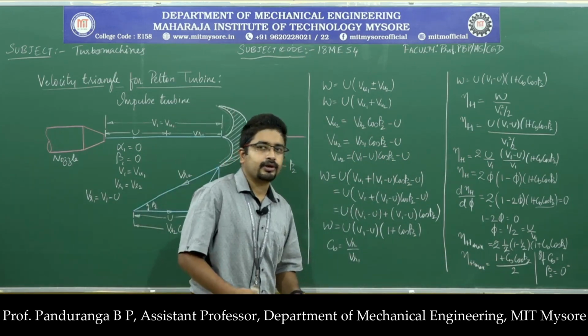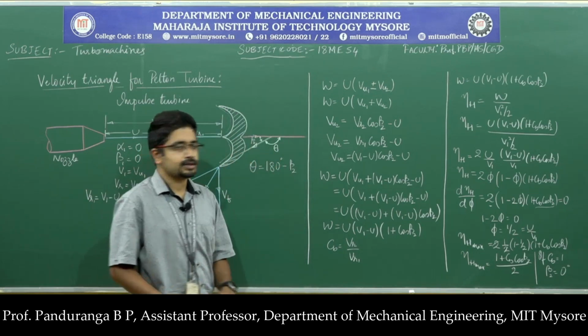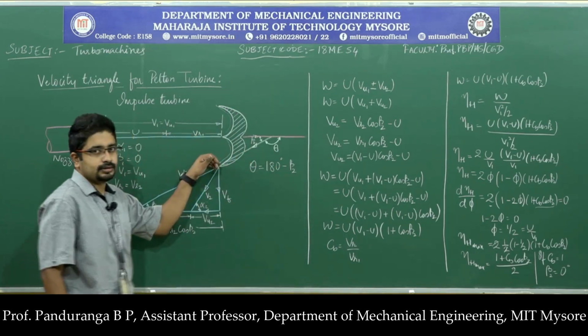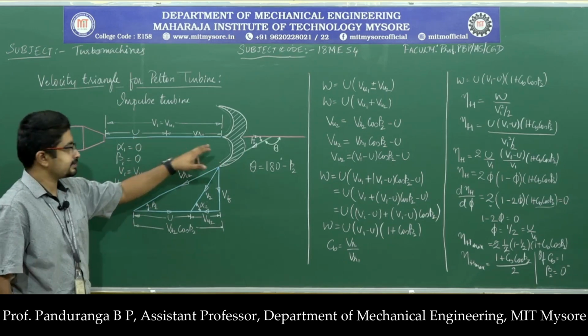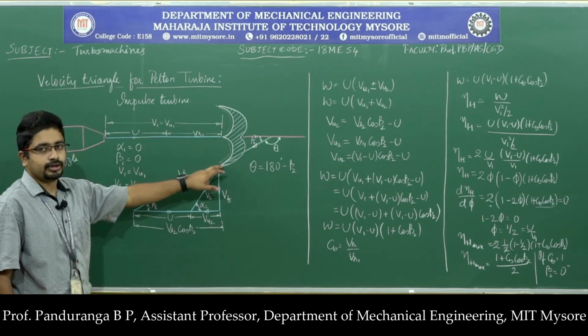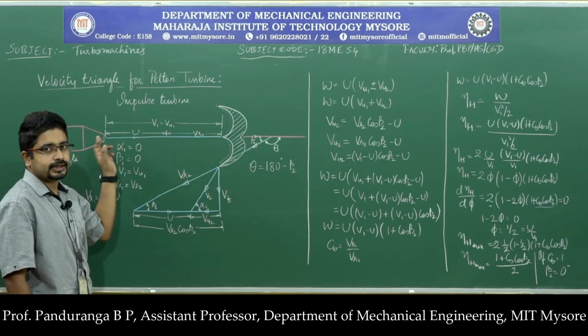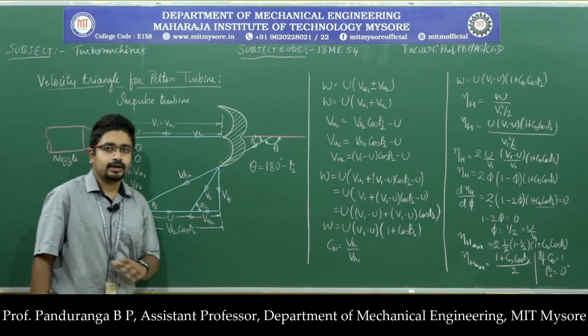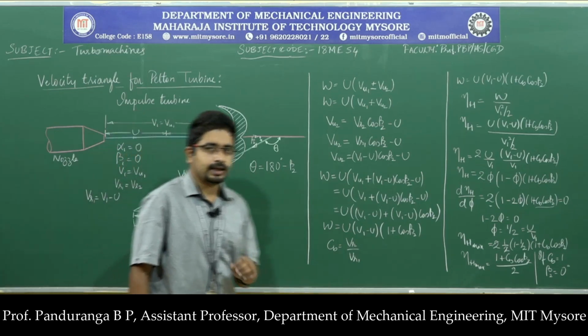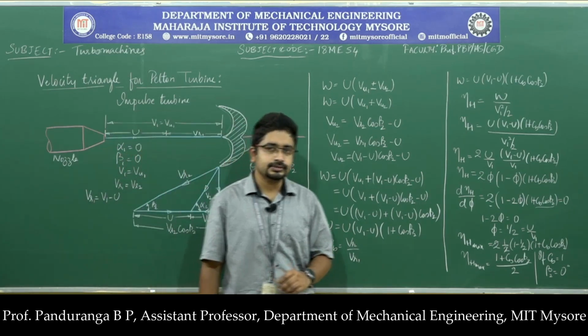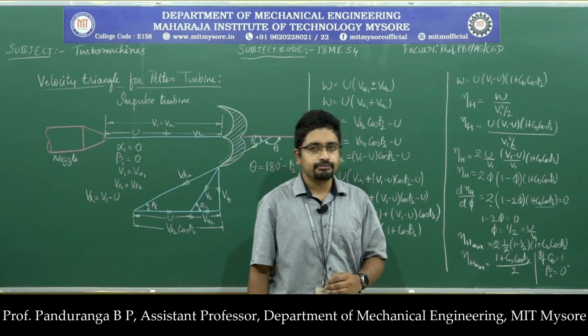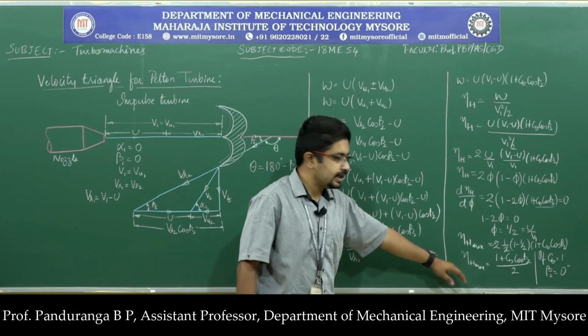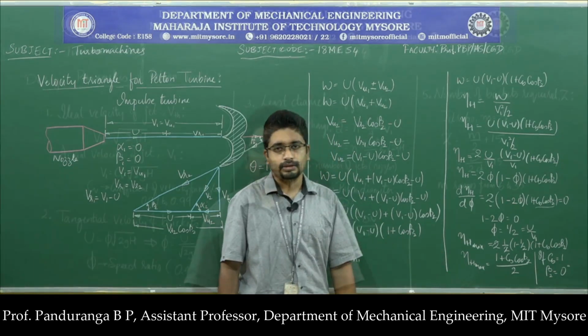But beta 2 cannot be made 0, because if we make beta 2 0, then the water coming out of the turbine will strike the nozzle or the incoming jet. So we cannot make beta 2 0, there will be a finite value for beta 2. By reducing the value of beta 2, we can increase the efficiency of the turbine.